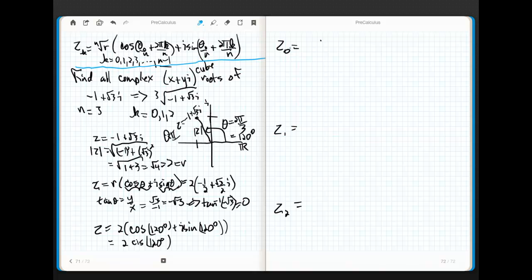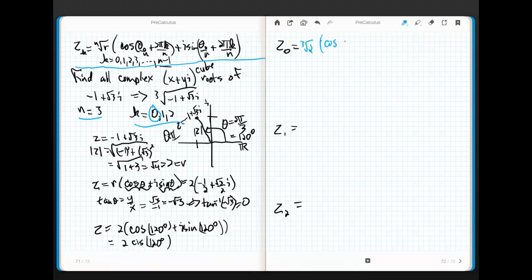I'm finding z sub 0, and that is the value when k equals 0. So my first root is going to be what? Well, n is 3. I identified n equals 3, and I know what my k's are. I'm just playing with k equals 0 right now. So z sub 0 is the nth root, so I have the cube root of 2 times, now this is where we've got to go easy.